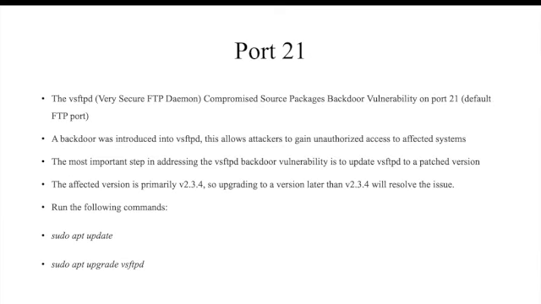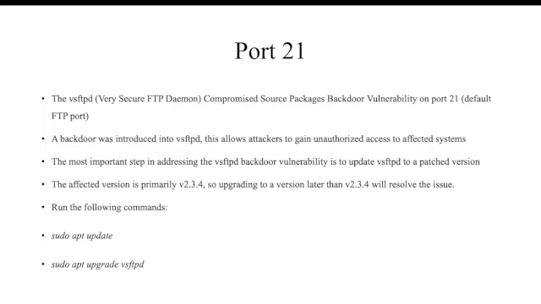Port 21. The VSFTP, also known as Very Secure FTP Daemon, compromised source packages backdoor vulnerability on port 21, the default FTP port. The backdoor was introduced into Very Secure FTP Daemon, and this allows attackers to gain unauthorized access to affected systems.